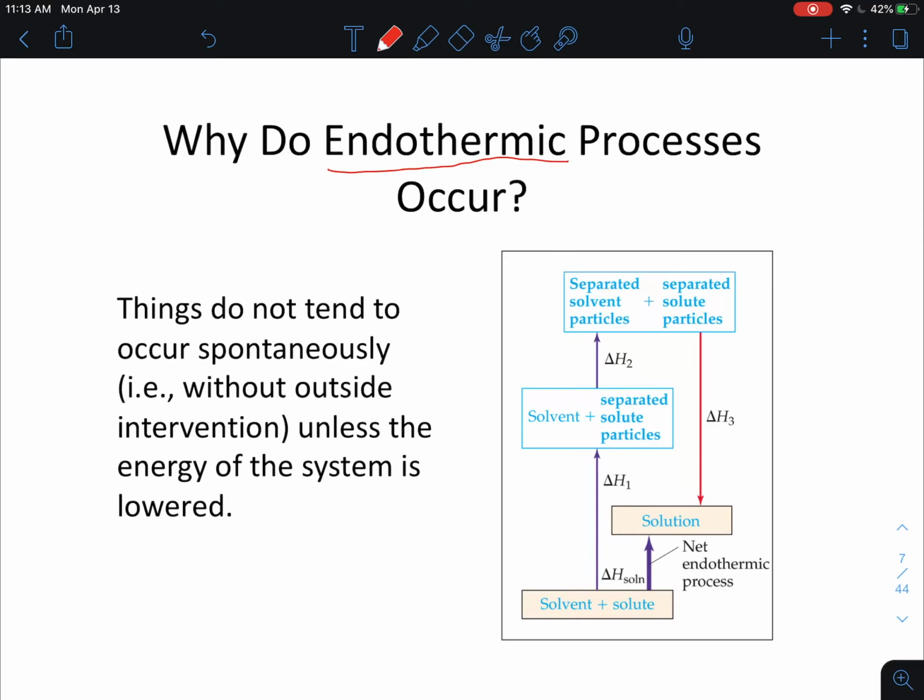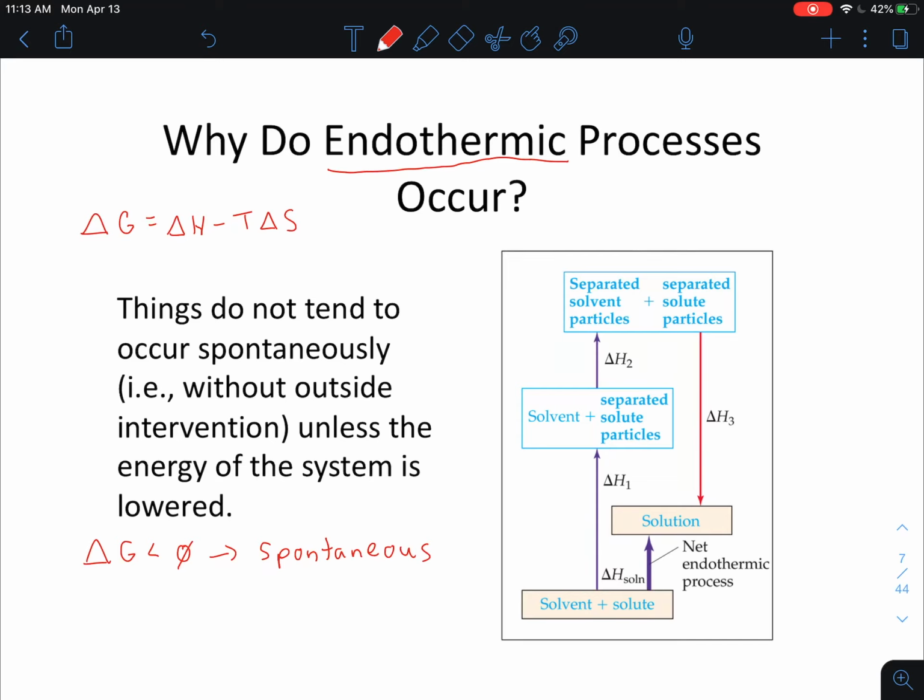And so now we're in a position to think about this, because now we know this equation, delta G equals delta H minus T delta S. And now we know if delta G is less than 0, we have a spontaneous process, meaning without any outside intervention, this process is going to occur. So that's where we're going to get as we think about this picture overall.